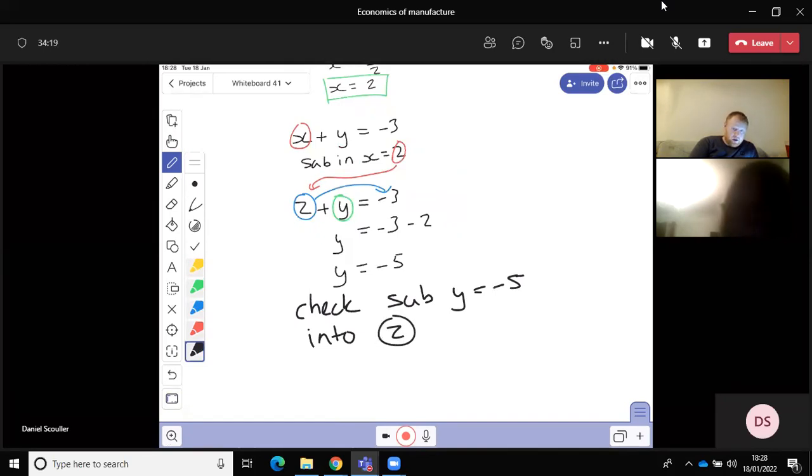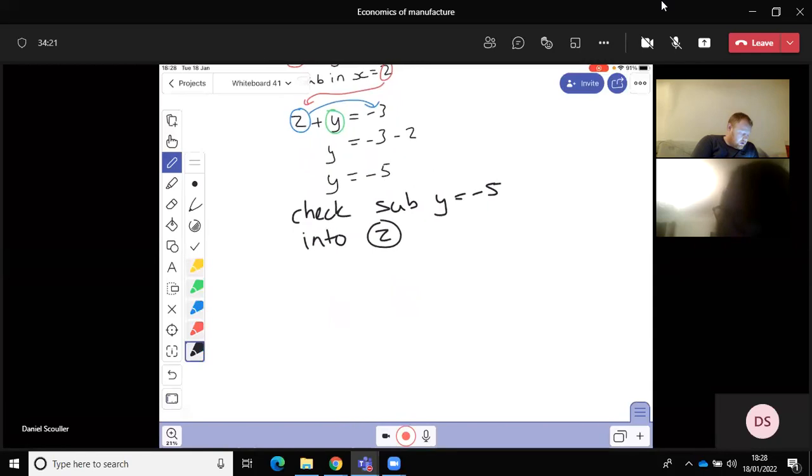If you substitute that into equation 2, x minus y equals 7, subbing in y equals negative 5, we have x minus negative 5.